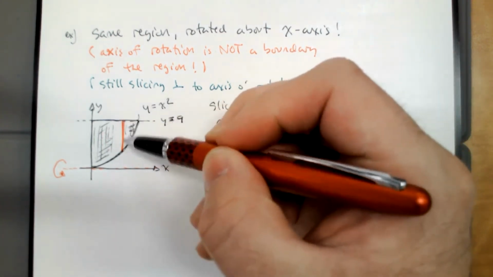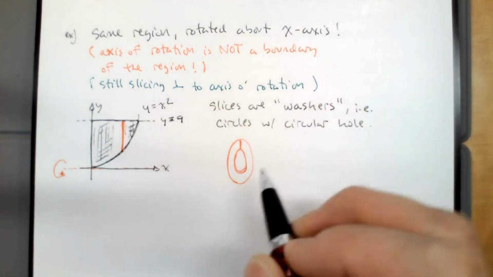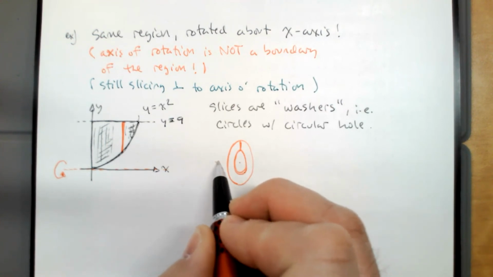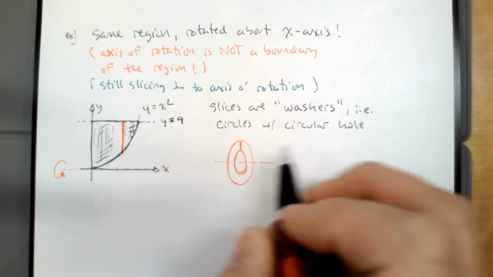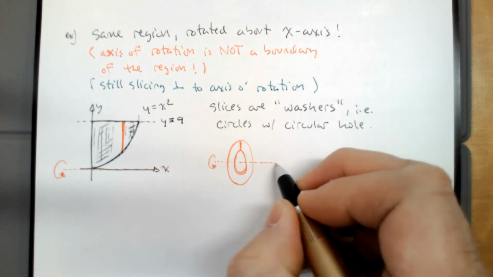So this original piece will show up here and get rotated around this axis going through the center, which is the x-axis.